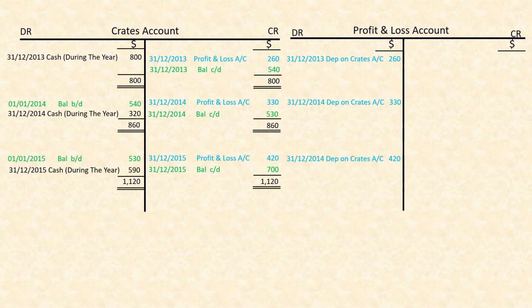Then finally, because we have to start another financial period, we can use the closing balance, which is $700, to open another financial period just in case there would be any other transaction in the future. So we just pick 700 and put there $700 to be our balance brought down.